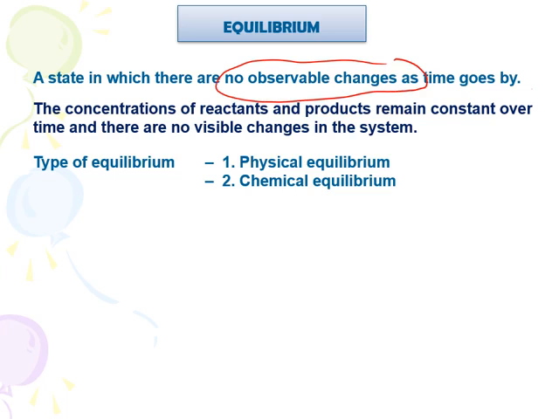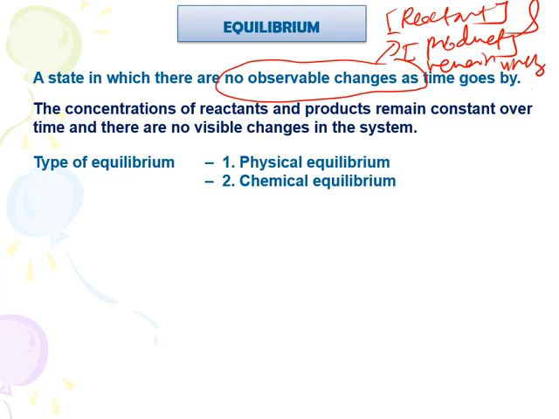Kenapa no observable changes? Because the concentration of reactant and concentration of product remain unchanged. Ni. The concentration of reactant and product remain constant over the time. There are no visible changes in the system.